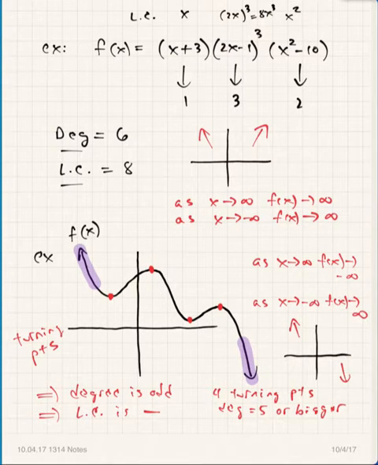So putting those two things together, the degree is odd and the degree's got to be 5 or bigger, then we know that the degree for this function has to be 5, 7, 9, like that. We don't have enough information to say which one of those it is, but it's got to be odd and 5 or bigger.